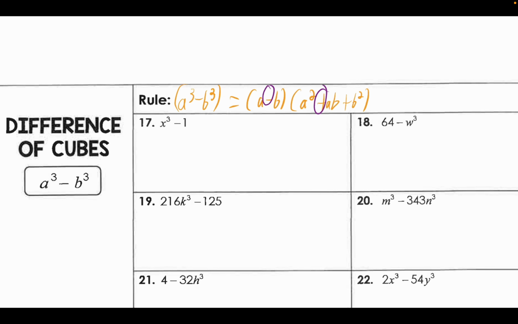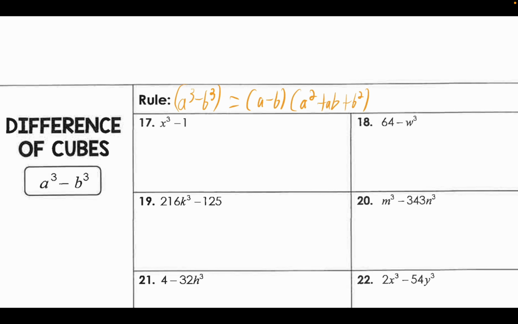When we had a sum of cubes, the sign of the first parenthesis was positive, the sign before ab was negative, and now it's the exact opposite, to where the second parenthesis only has plus signs and the first parenthesis has a negative sign. In both rules, though, for sum and difference of two cubes, the sign before b squared is the exact same both times, as plus.